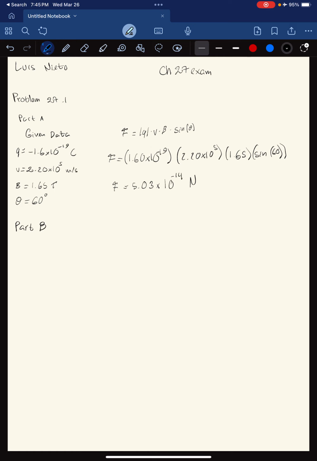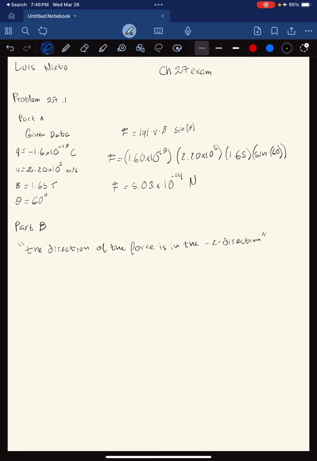Since the charge is negative, the force direction is in the opposite direction. So this answers it: the direction of the force is in the negative z direction.